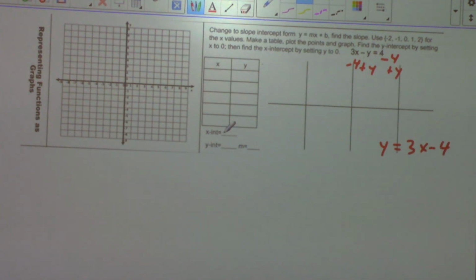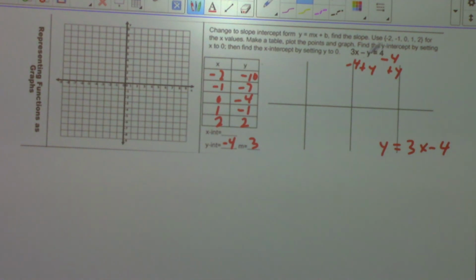And then our x-intercept, we don't have that yet. Our y-intercept is going to be -4, our m is 3, and our y-intercept is here. We go up by 3.